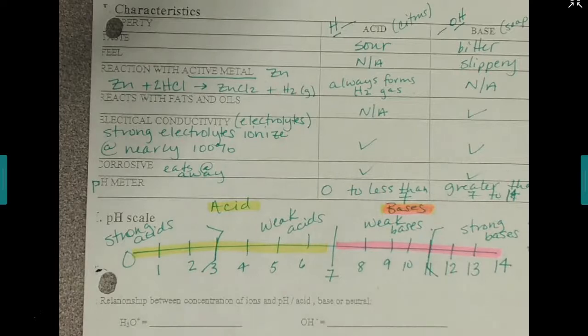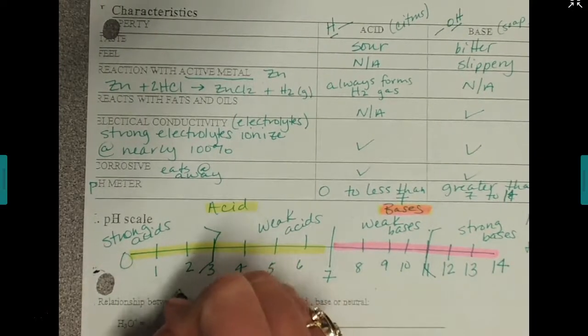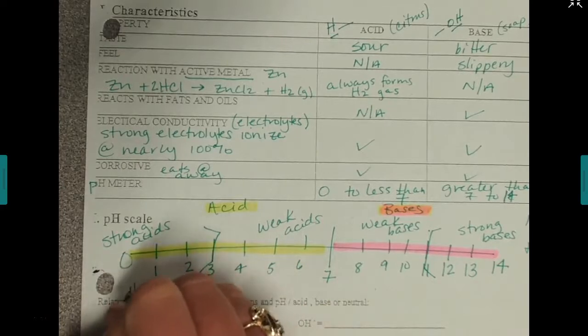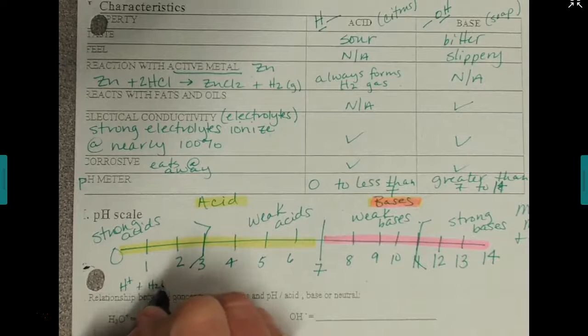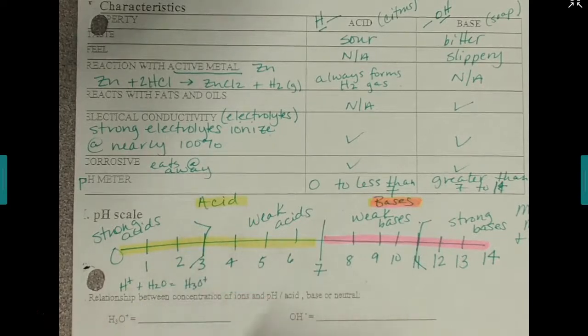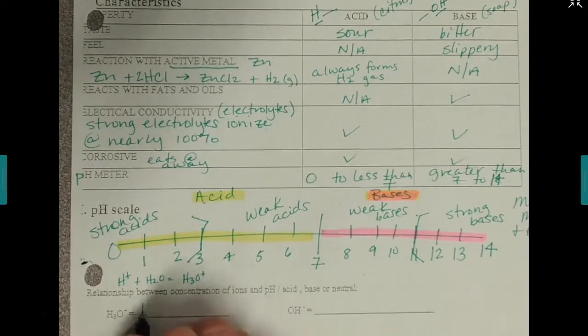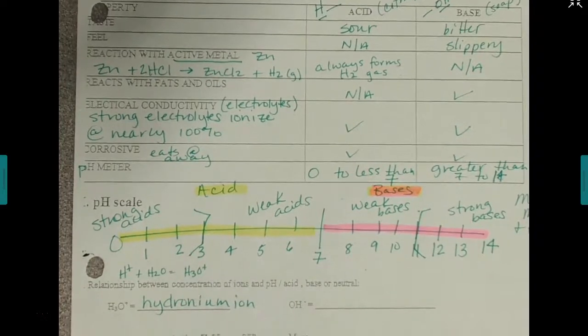Okay, so let's talk about hydrogen versus hydroxide. If we add a hydrogen, which is what acids start with, plus water, we're going to get a hydronium ion. This is called a hydronium ion, and it has a +1 charge.